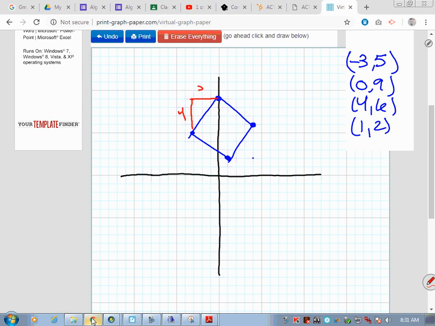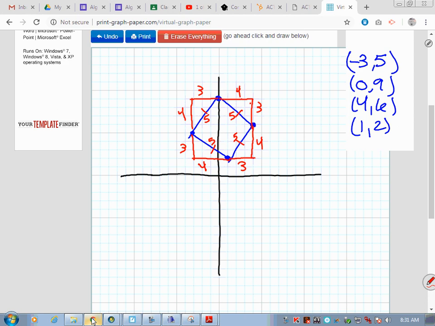Okay, so I got 4, 3, which if you remember your Pythagorean triples means that this side is 5. 1, 2, 3, 4. 1, 2, 3, so that's 4 and 3, which means this is 5. 1, 2, 3, 1, 2, 3, 4, 4, 3, which means that side's 5. 1, 2, 3, 1, 2, 3, 4, which means that side's 5, which means all 4 sides are congruent.